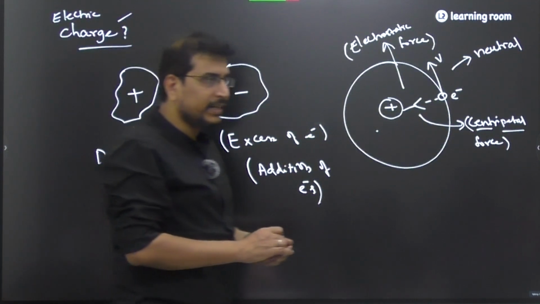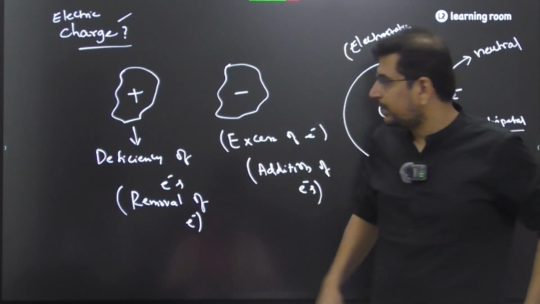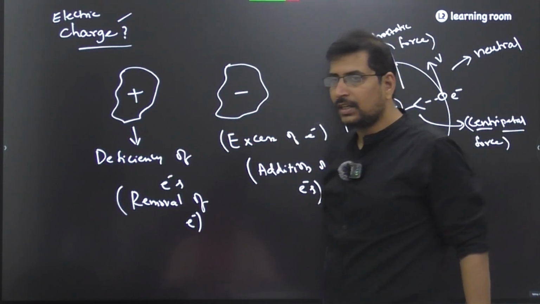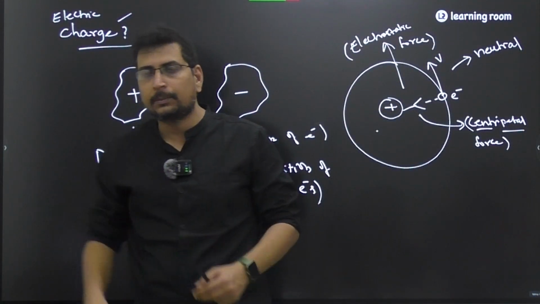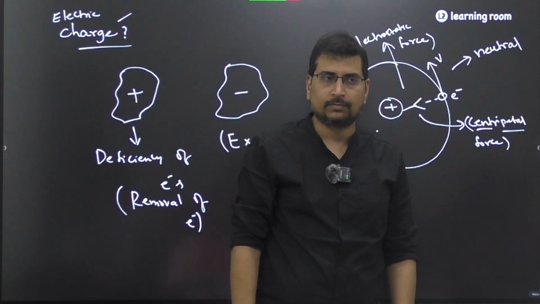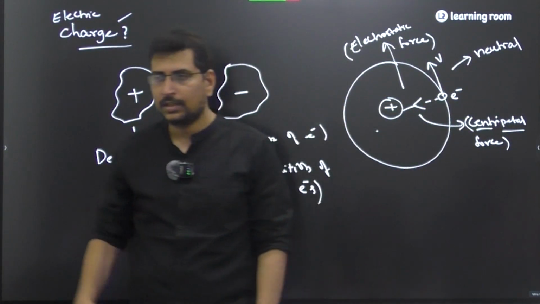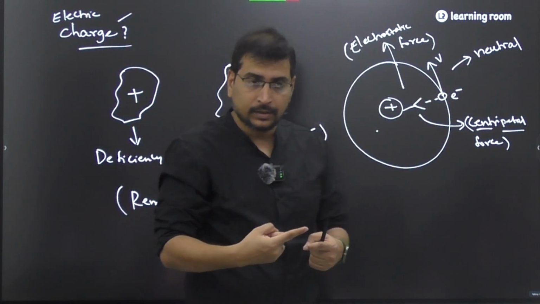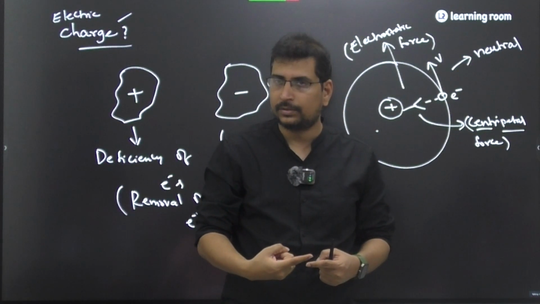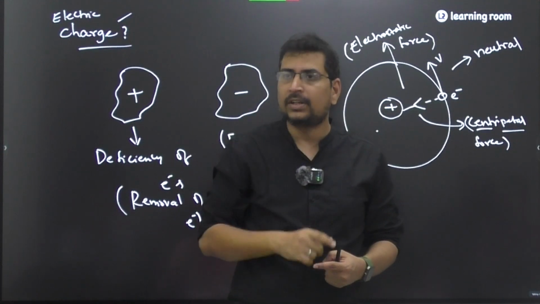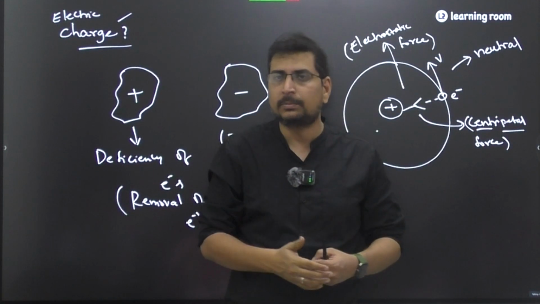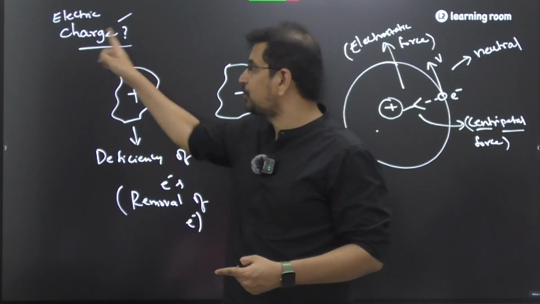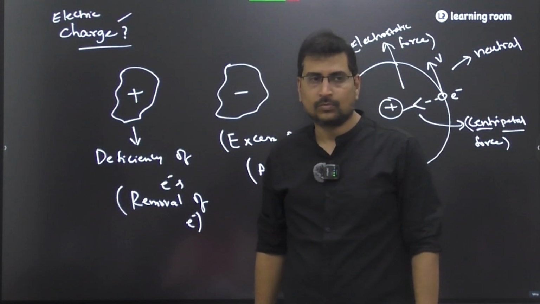So, when I say they get combined together, can I say the positive charge or negative charge will start exerting force on the neighboring particles? Are you able to understand what I am trying to say? Positive charge or negative charge will start exerting force on the neighboring particles, and that property due to which it is able to exhibit that kind of a force is what is called charge.